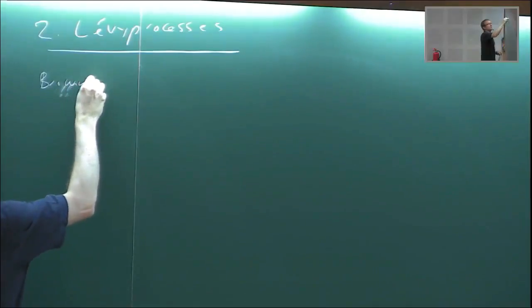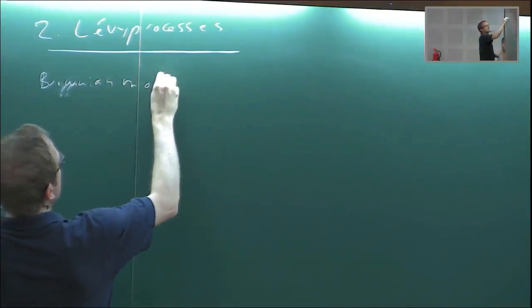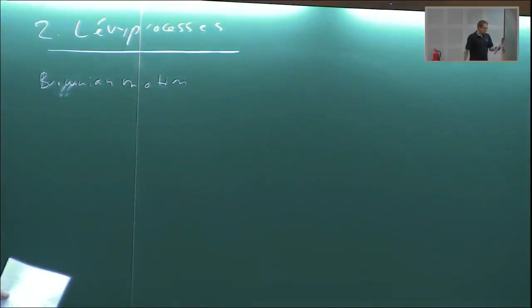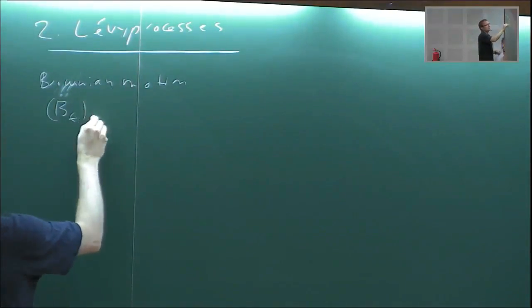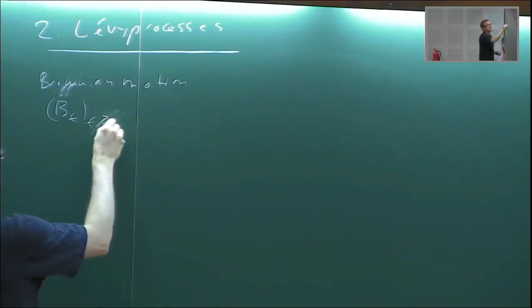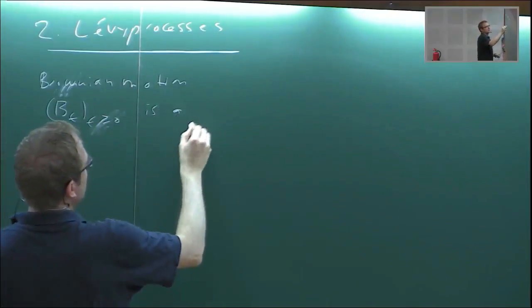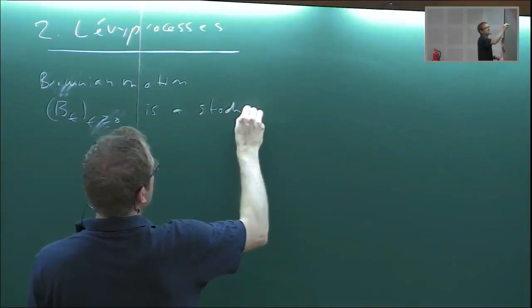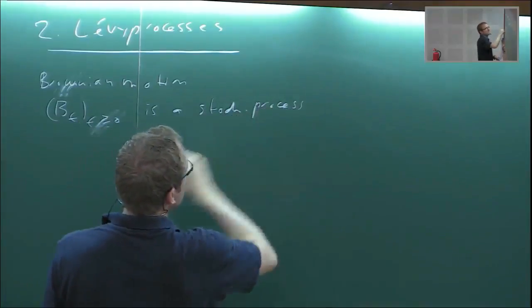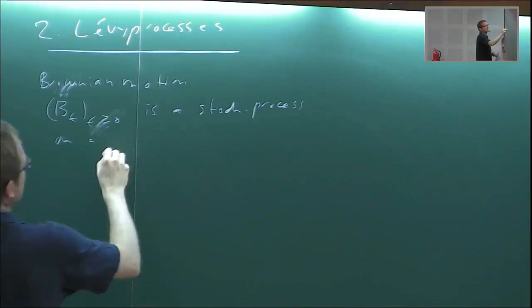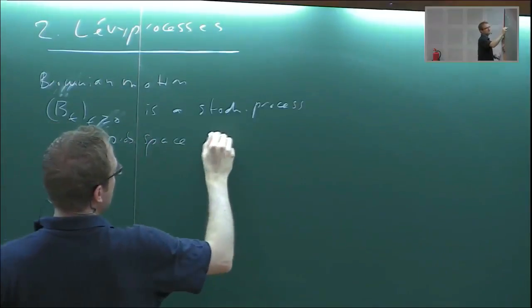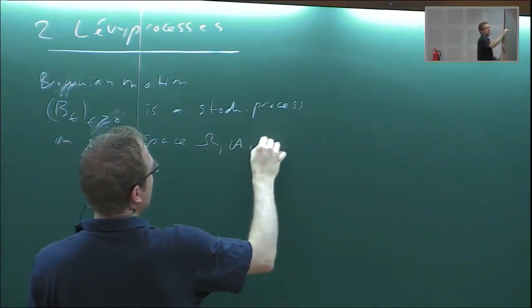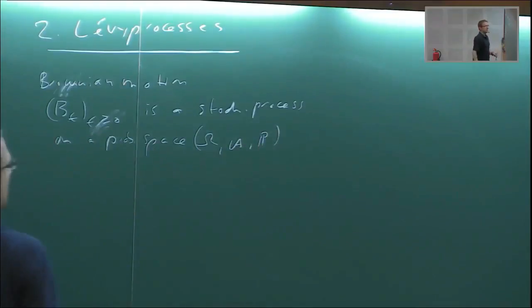Brownian motion. A Brownian motion, I will write it Bt, is a stochastic process on a probability space (Omega, A, P), satisfying the following.